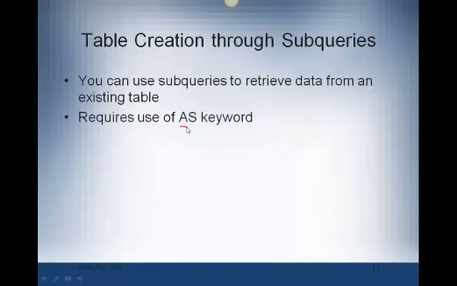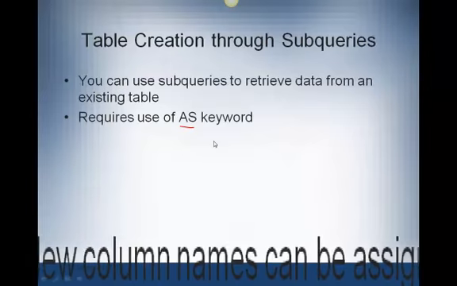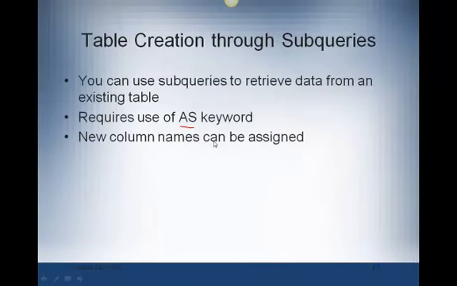Now, the book might not refer to it as an as clause. They just say using the as keyword. But following the as keyword, you have a query or a select statement. And in that select statement, you're going to select specific fields or columns from an existing table.